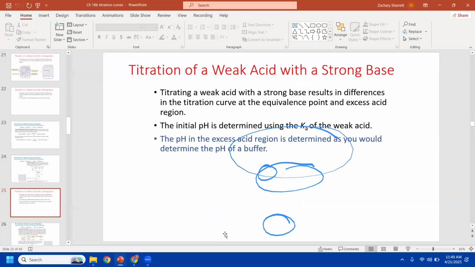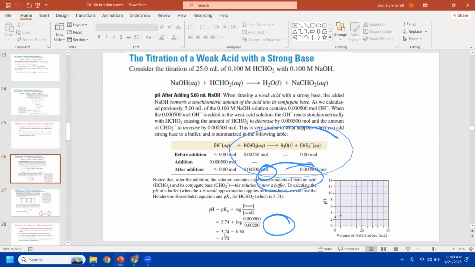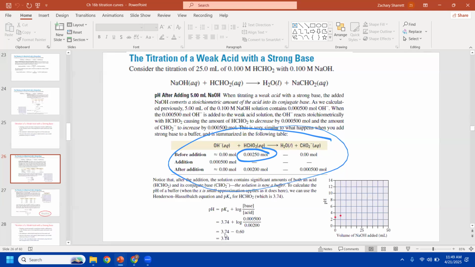Now, in the excess region, we're now going to have to do a stoichiometry problem. And this is exactly like the stoichiometry problems that we do for buffers. So we figure out how much acid we had in the beginning. After the addition of, in this case, 5 mL of NaOH, that means we added 0.05 moles of OH minus.